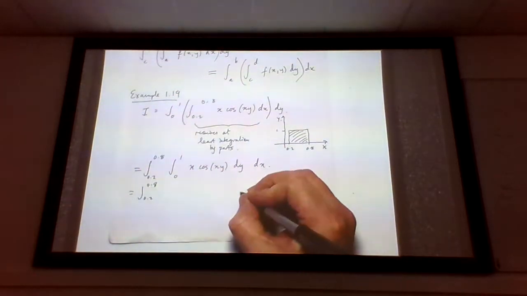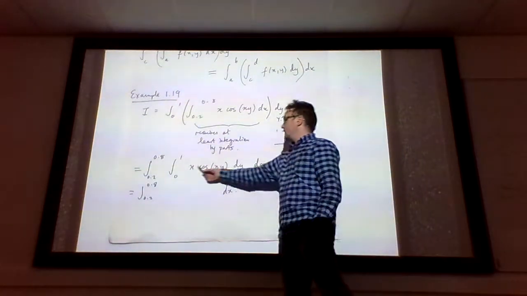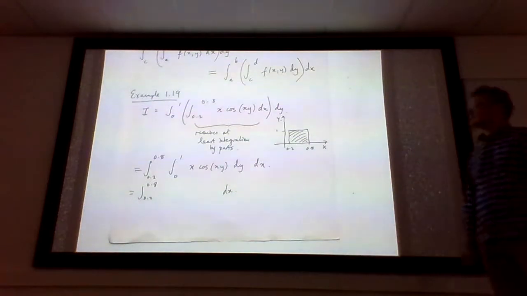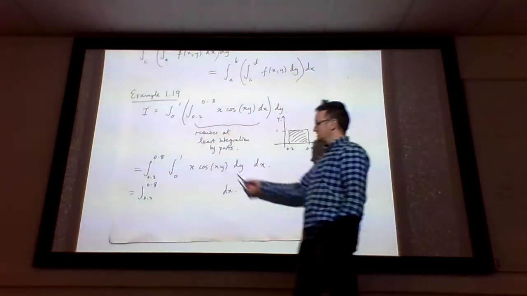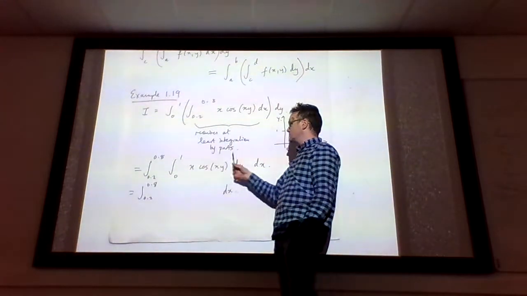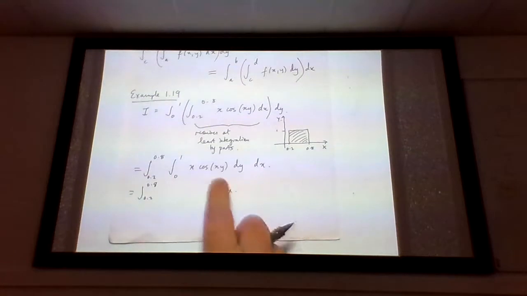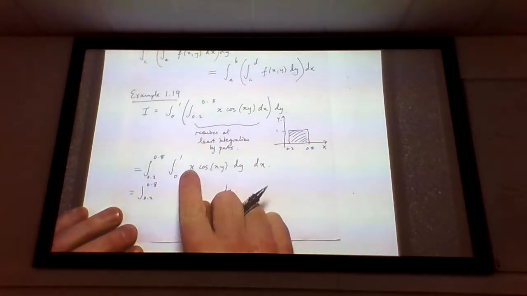So if the x integral remains as it is on the outside, and if we perform the inner integral, this function has a much simpler y integral. It's basically just the cosine of x times y. So that will integrate to the sine of x times y divided by x, and then you've got that factor x there.